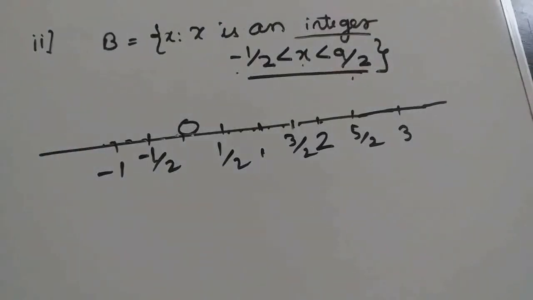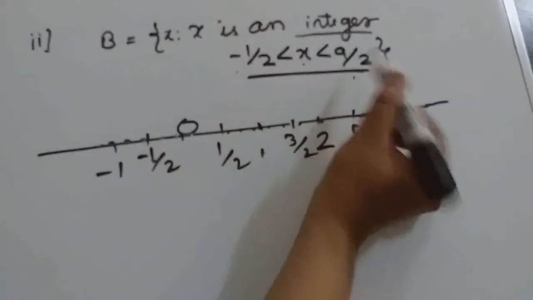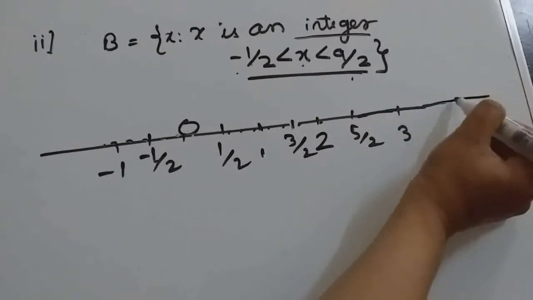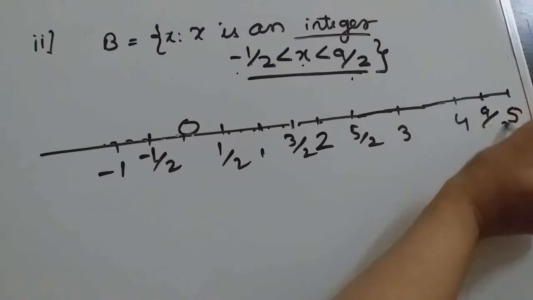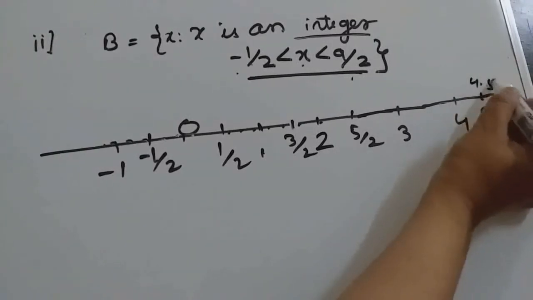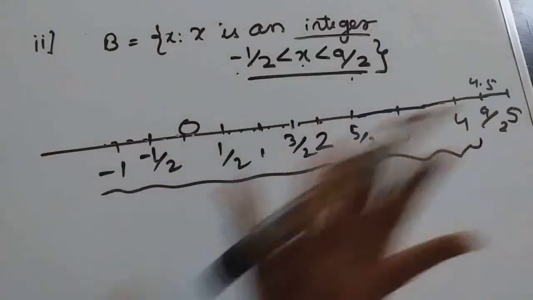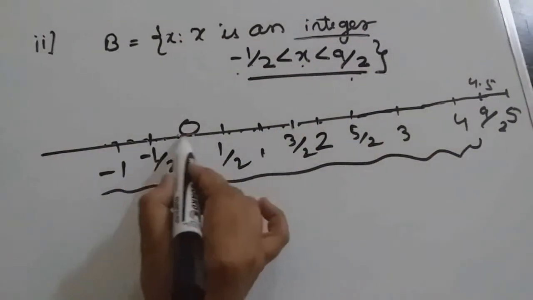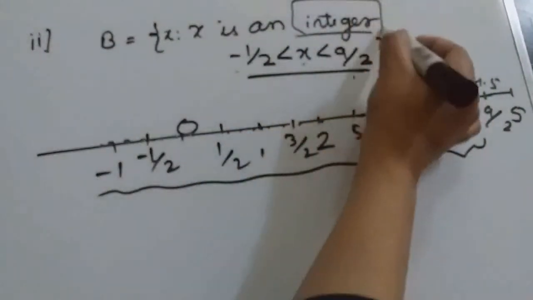Okay. But we want x between -1/2 to 9/2. So 9/2 value will be between 4 and 5. Isn't it? Because 9/2 is 4.5. So we have these many values. Many values are there. In between also many values are there. Okay. But what we want? Only integer.